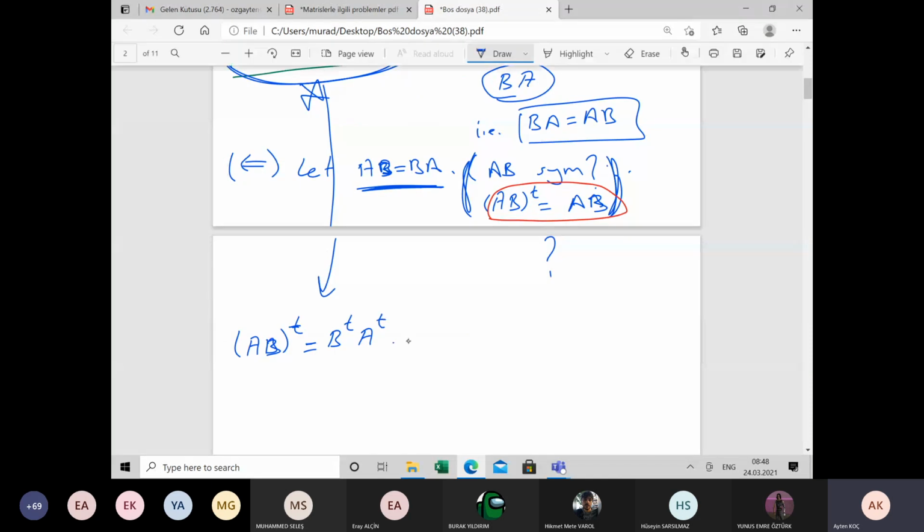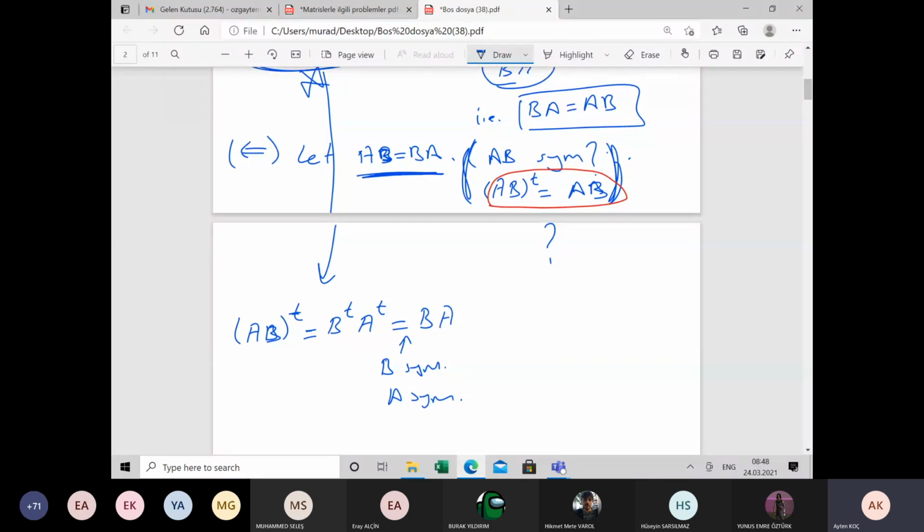We also know that B is a symmetric matrix and A is a symmetric matrix, so the transpose of B is B and the transpose of A is A. Also look at the assumption, AB is equal to BA, so this is equal to AB. So we are done.